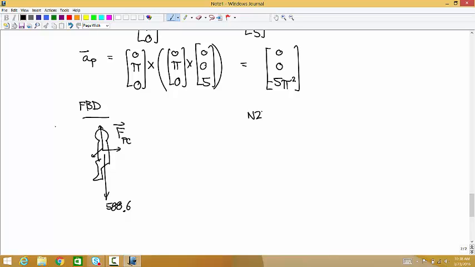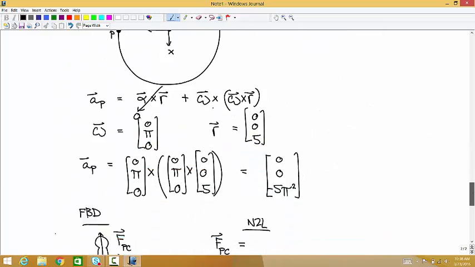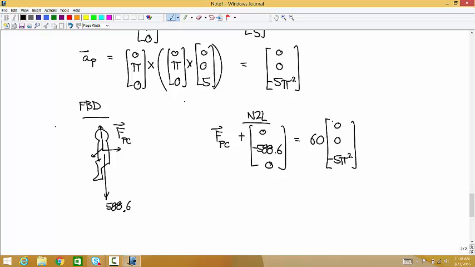So Newton's second law says F_PC plus the weight, which is acting in the negative y direction. This should say plus. 0, -588.6 is equal to the mass times 0, 0, -5 pi squared.